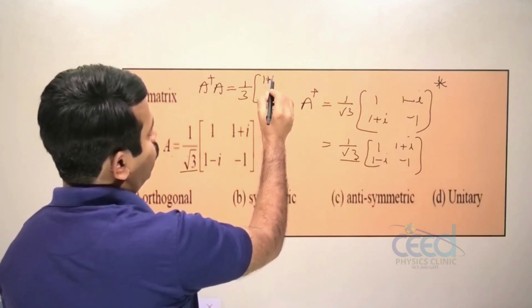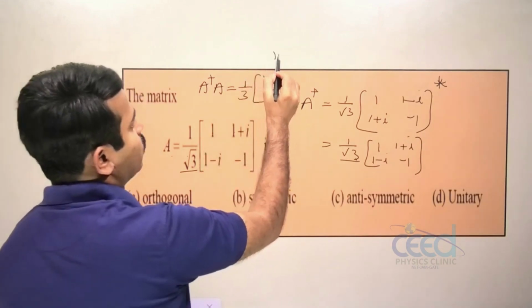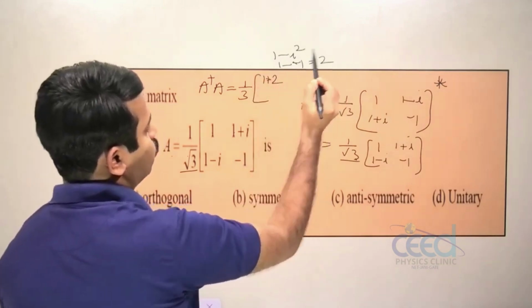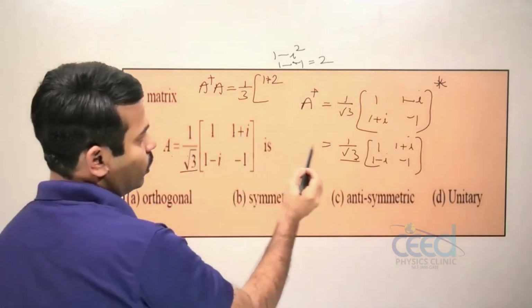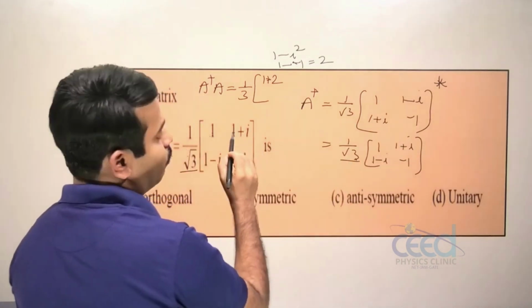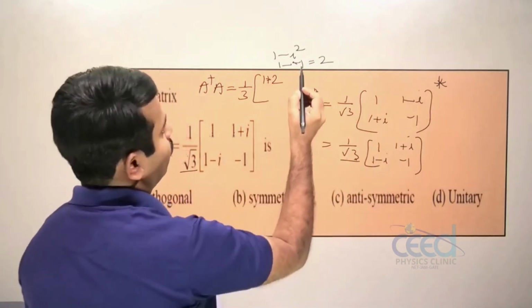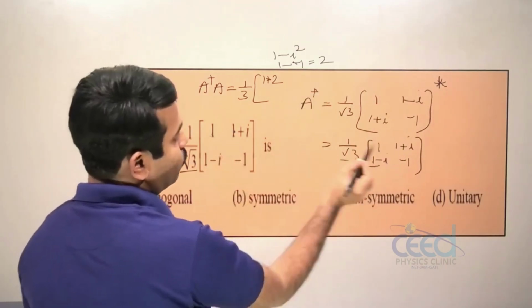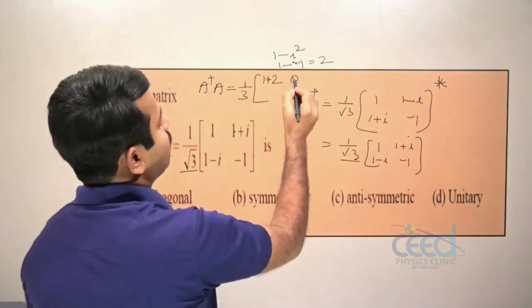Plus 2, right? 1 minus I square is plus 2, that is 1 into I square is minus 1, then that is 2, then 1 plus 2. Now this row with this, right? 1 into 1 plus I, that is 1 plus I, 1 plus I into minus 1, that is minus 1 plus I. So minus 1 plus I plus minus 1 plus I, that is 0, right?